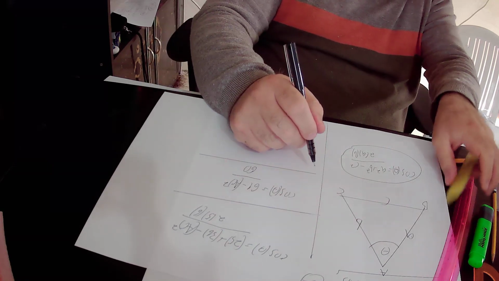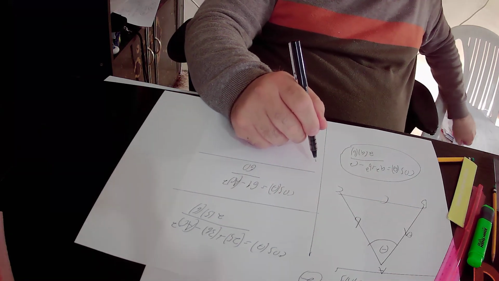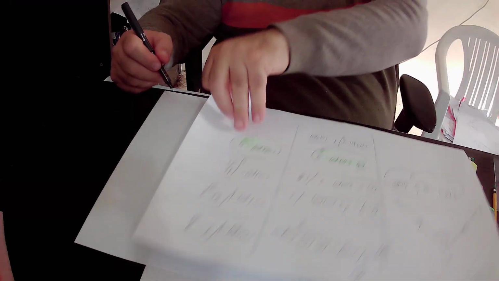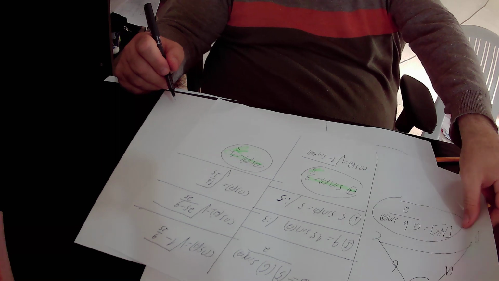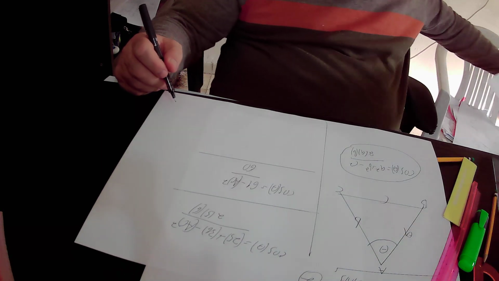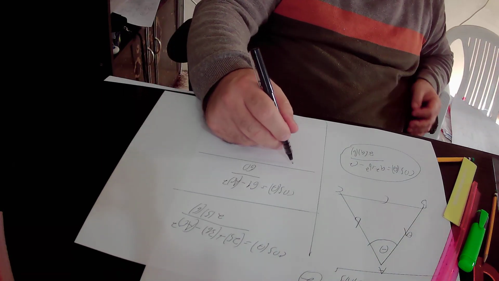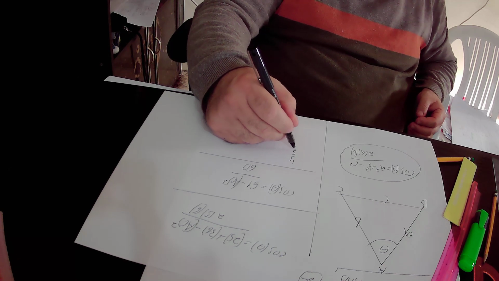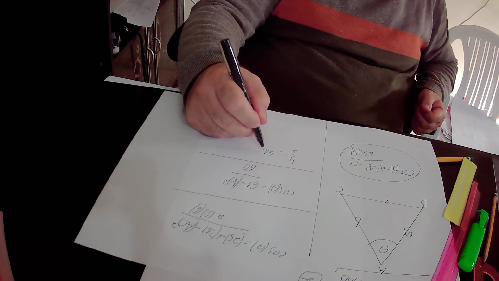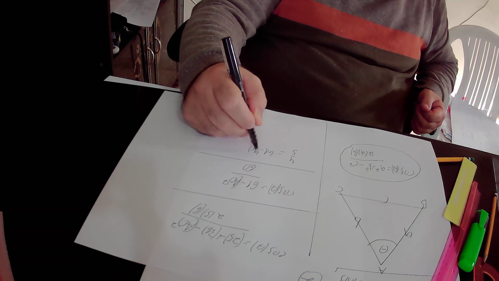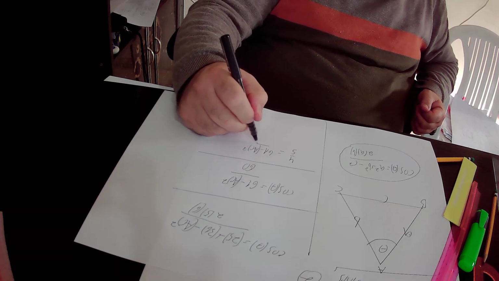We have already found out that cosine theta equals 4 over 5, so we substitute cosine theta by 4/5, and it is equal to 61 minus AC squared over 60.